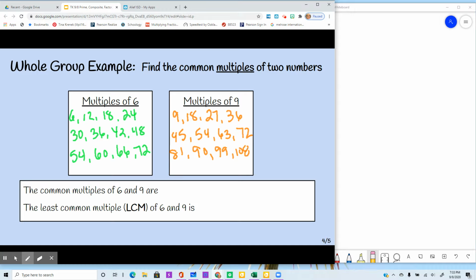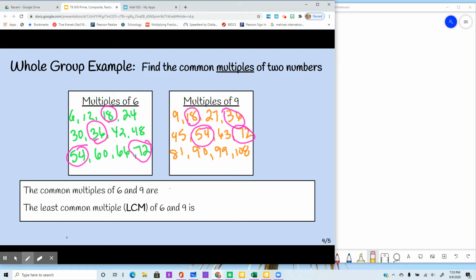Okay, what are the common multiples? Well, let's see. We've got 18 and 18. I see 36 and 36, 54, 54, 72, and 72. And if I kept going with 6s, I might find more, but this gives us enough of an idea.